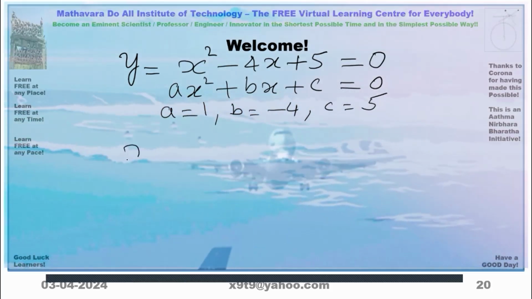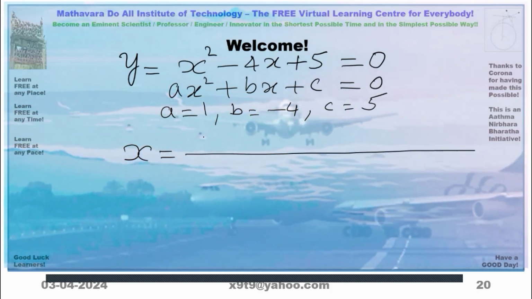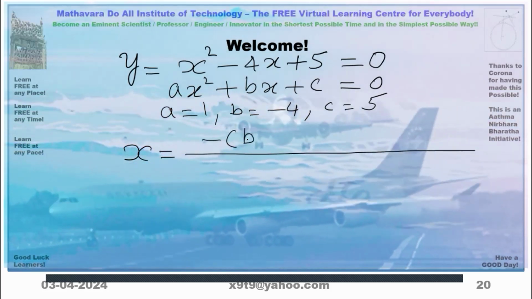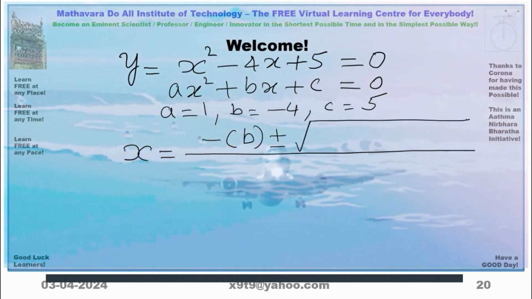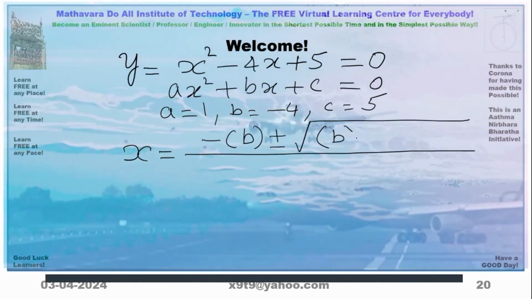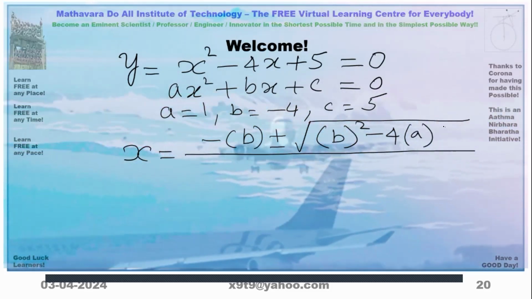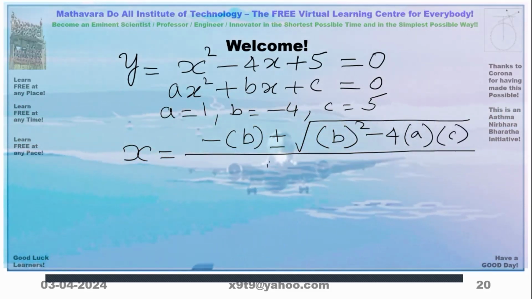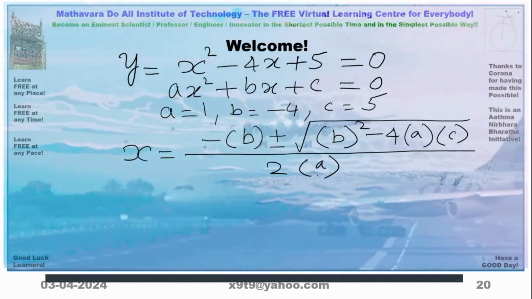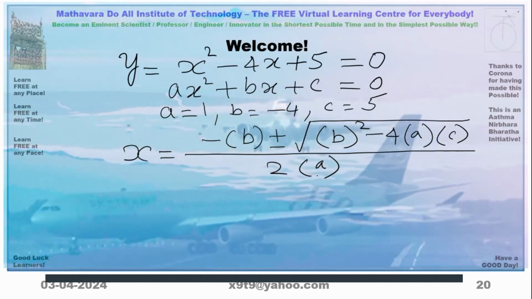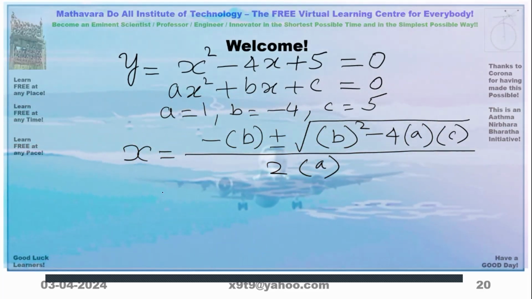So our formula is x is equal to minus b plus minus square root of b square minus 4ac over 2a. So this a, b, c, always write in brackets, because whichever is negative value you have to substitute carefully and simplify.